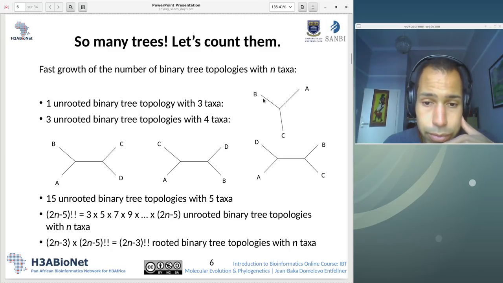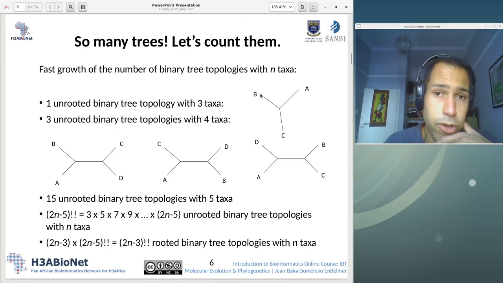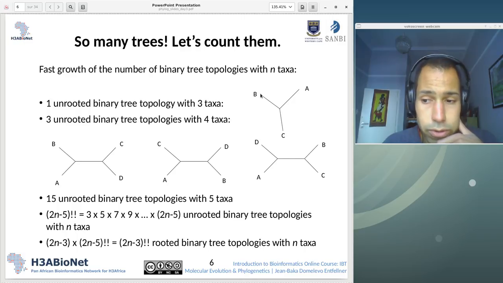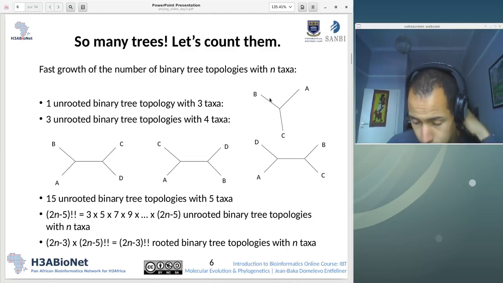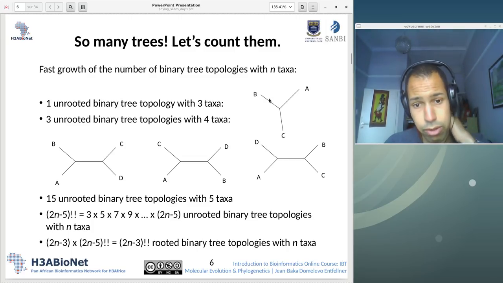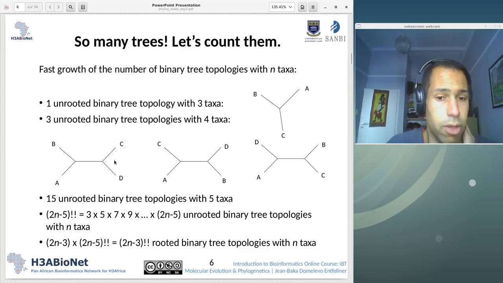So, of course, if you include the idea of branch length, then there is an infinity of trees. But without considering the branch length, saying that this tree is the same as if I had drawn B there and a long branch from this node to B, then you have only 1 topology with 3 taxa, and 3 topologies with 4 taxa, okay?